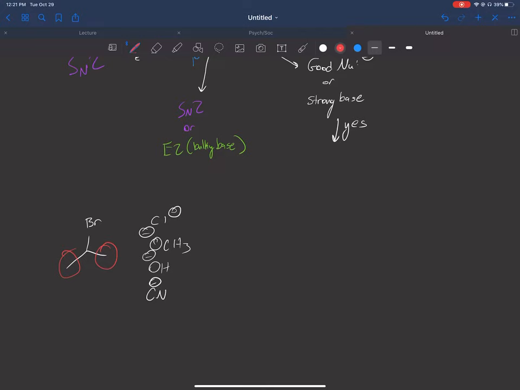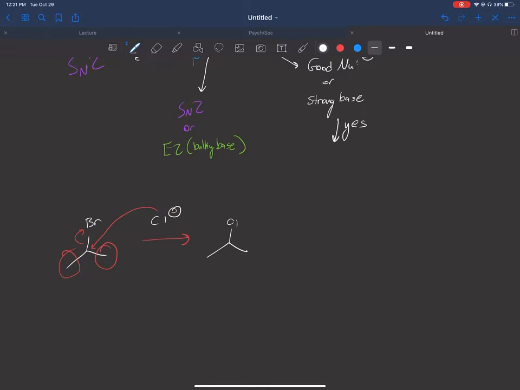If your nucleophile is not a good base, so something like Cl minus, Br minus, I minus, they're good nucleophiles, bad bases, you can get an SN2. So erasing everything here, writing only Cl minus, we can get SN2. It comes in, kicks the Br out. That works.